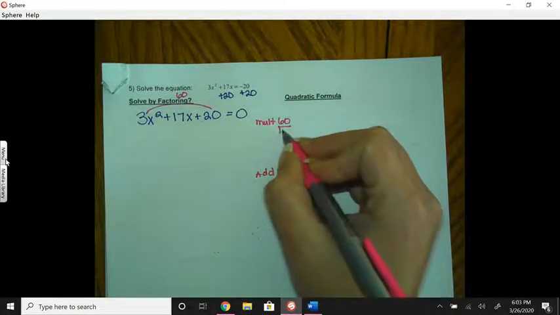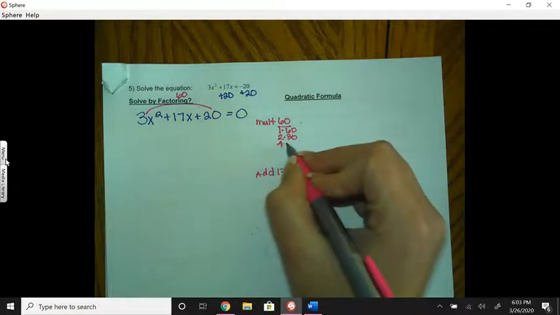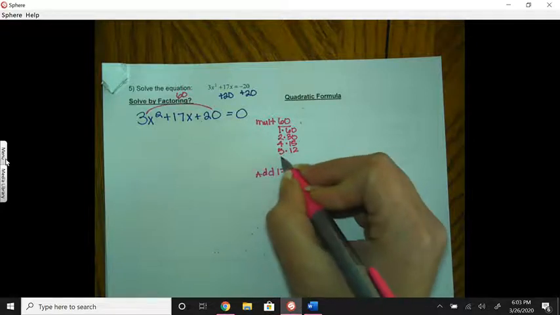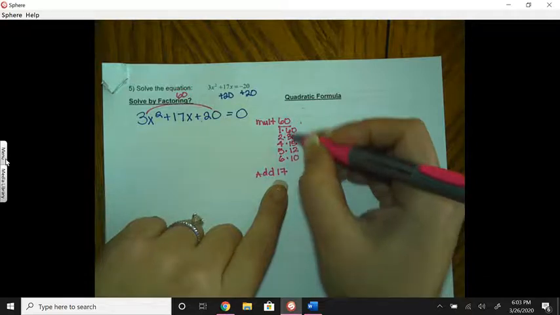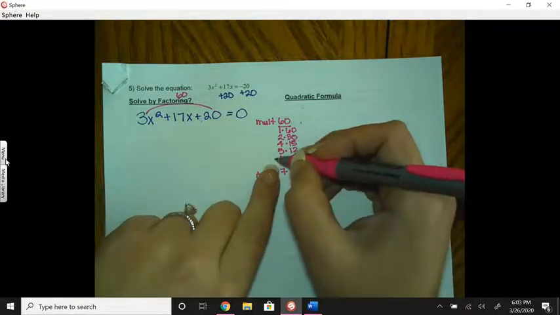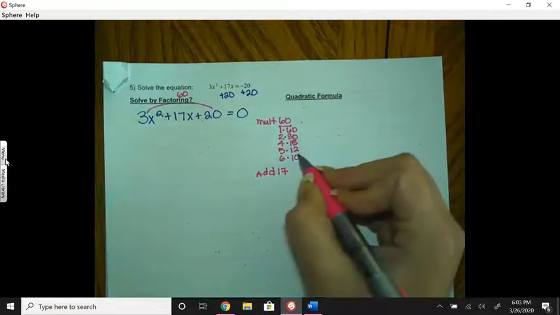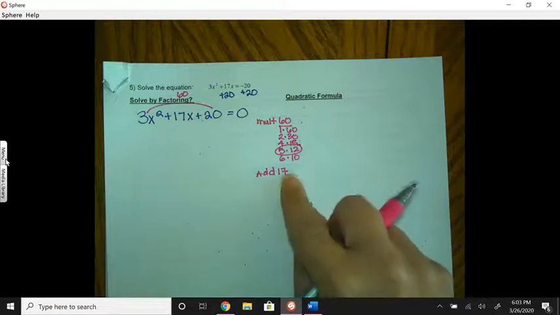So 1 times 60, 2 times 30, 4 times 15, 5 times 12, 6 times 10, and because it has to add to a positive, we know the bigger number's positive and the smaller number's positive to multiply to a positive. So 5 and 12 would work because they add to 17 and multiply to 60.